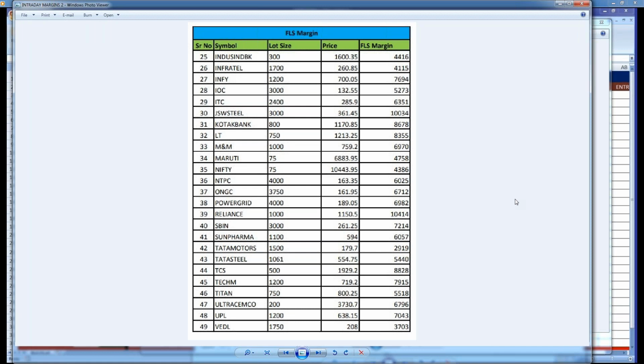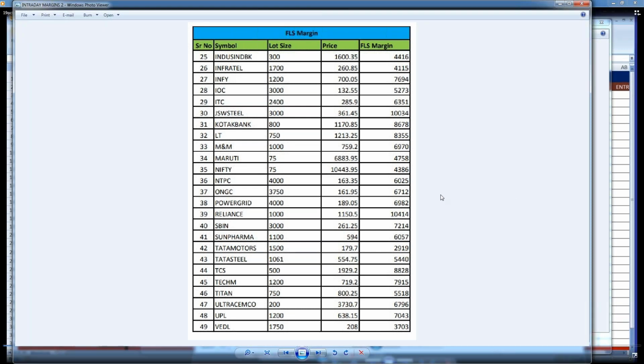But here I felt this is one comfortable brokerage firm where the limits are preset. Preset in the sense, this FLS margin what we have for the Nifty scripts is already predefined. So you don't have to call them and ask for an extra margin. So if you have 10,000 rupees in your account, you can trade Reliance one lot. You don't have to ask anyone. And the next application what is being provided.